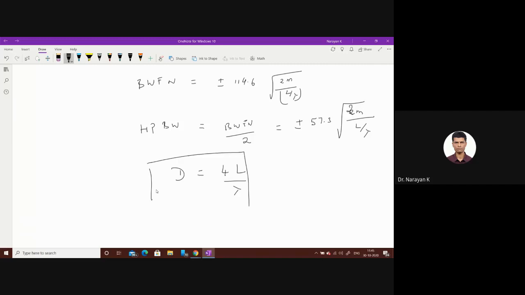This is your directivity or your maximum gain for your end fire array. All of you got it? Yes, sir.